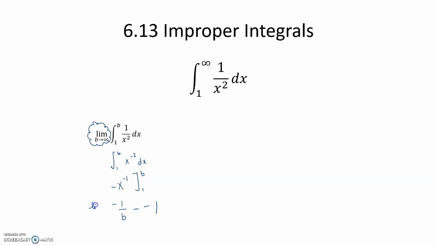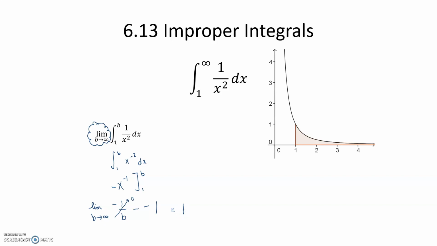So now we're going to take the limit as b goes to infinity. And what I notice as b goes to infinity is that this section is going to go to 0 because we have negative 1 divided by infinity. So that's basically 0. And so our limit turns into 1, which means that all of this area, all the way out to infinity, starting at 1, all of that area is an area of 1.